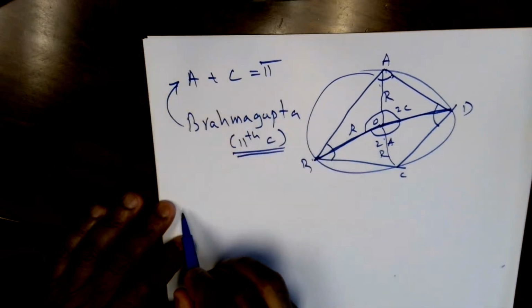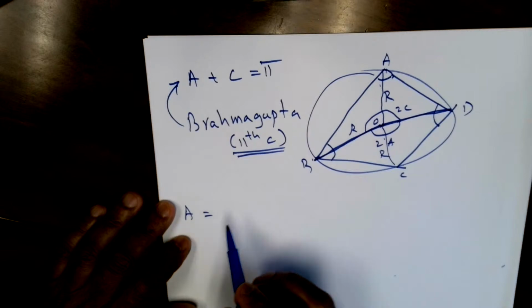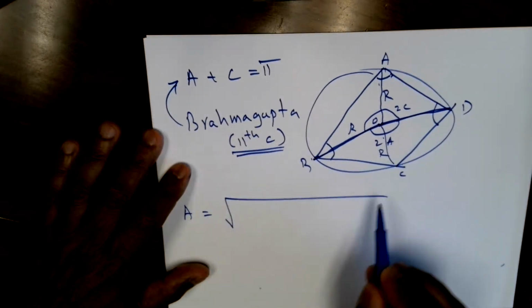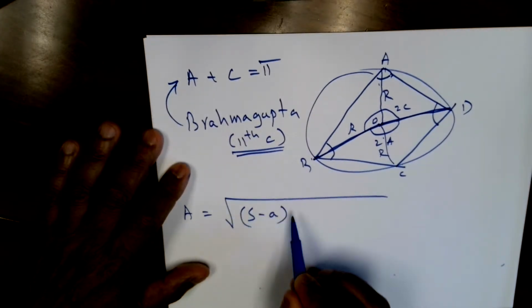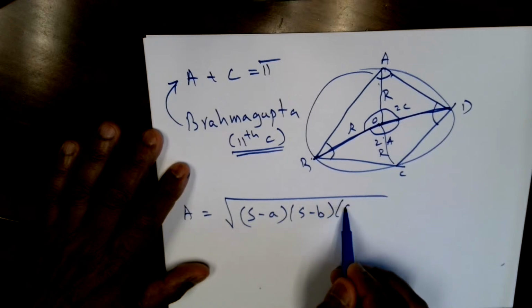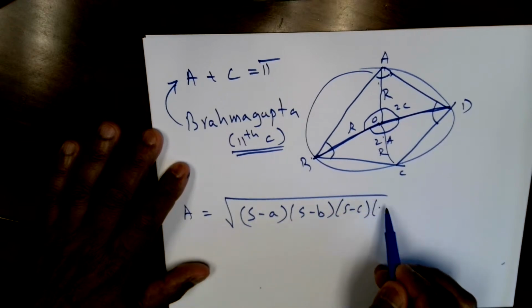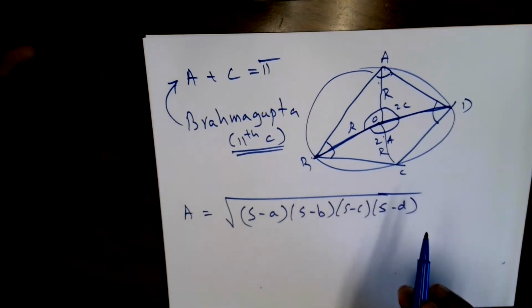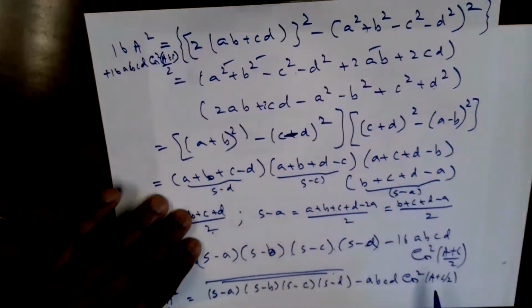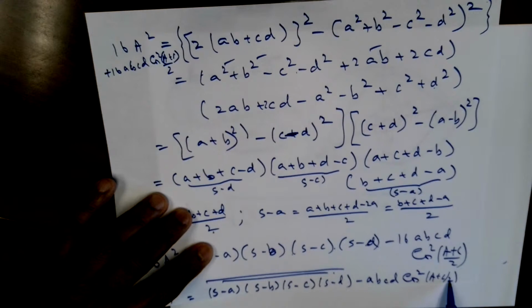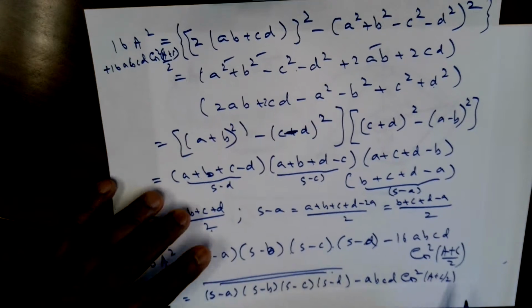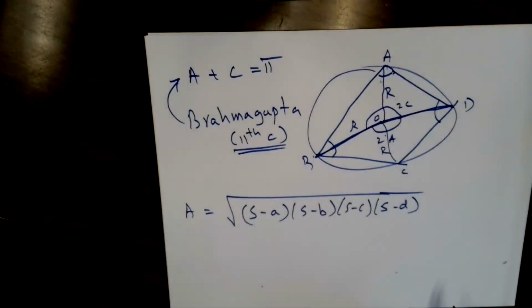And since a plus c by 2 is 90 degrees, cos 90 is 0, so this term vanishes. So area turns out to be s minus a multiplied by s minus b multiplied by s minus c multiplied by s minus d, everything in terms of the sides. So that's the area of a cyclic quadrilateral.